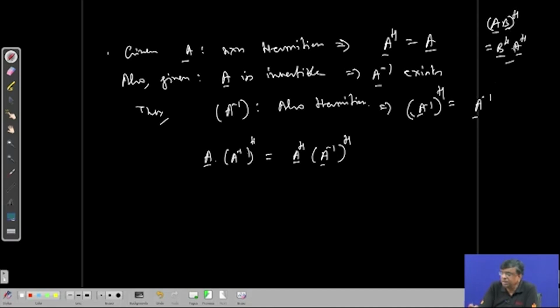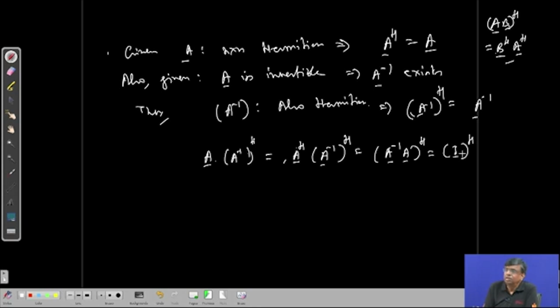If it is B H A H, it will be (AB) H. So it will be A inverse, which is taking the role of A here, A H, A is taking the role of B here. First guy is B, B H, second guy is A. So B H A H means (AB) H. So this comes first, this goes here, H. And A inverse A is identity.